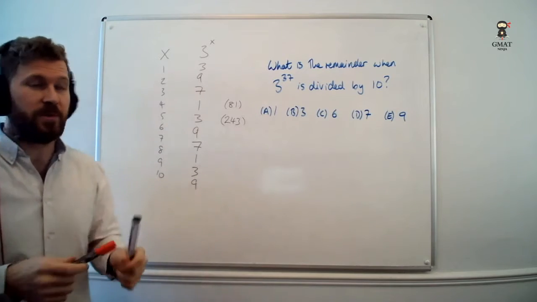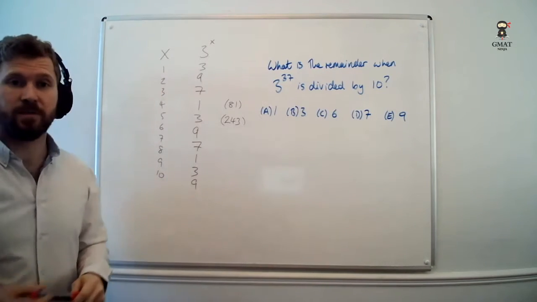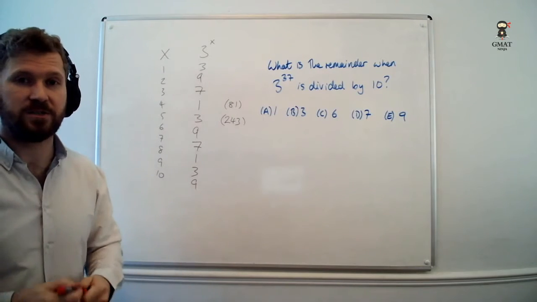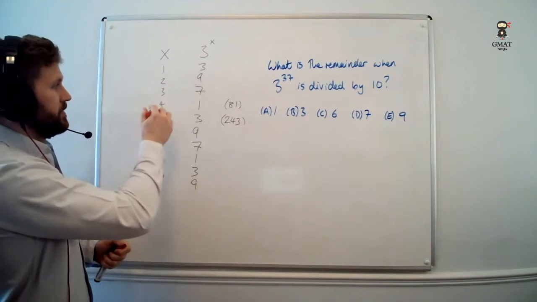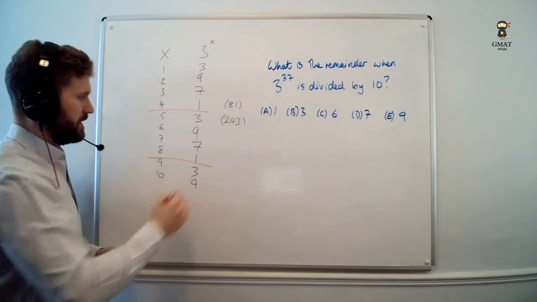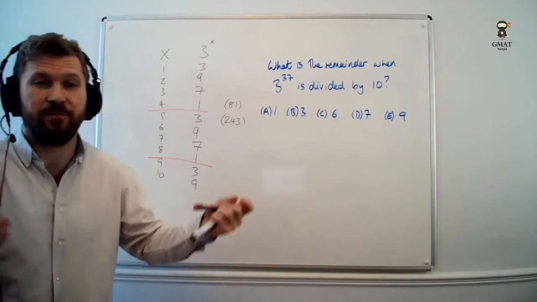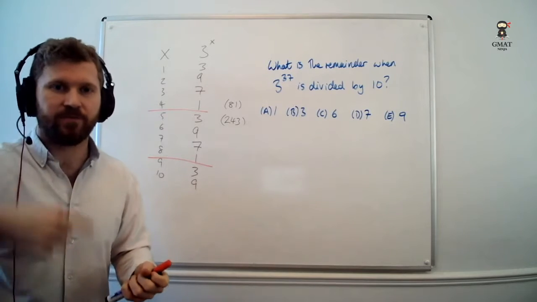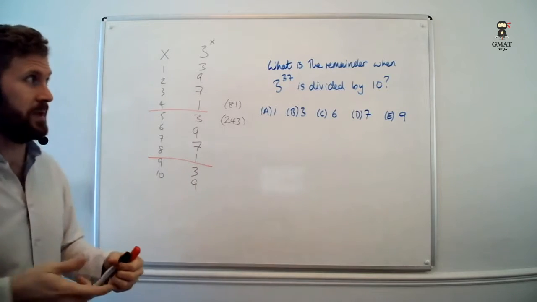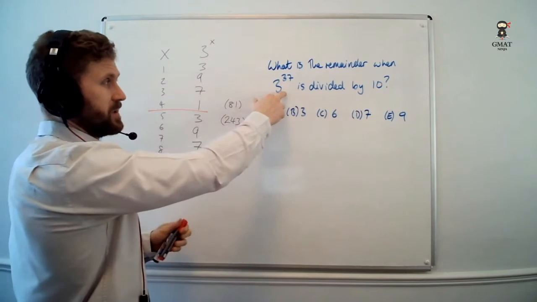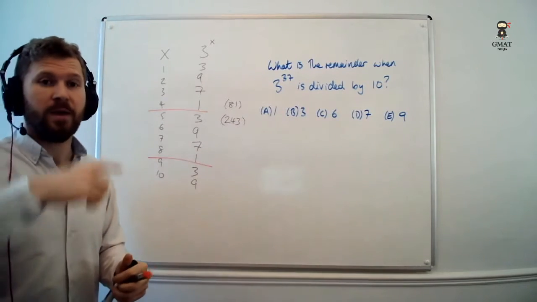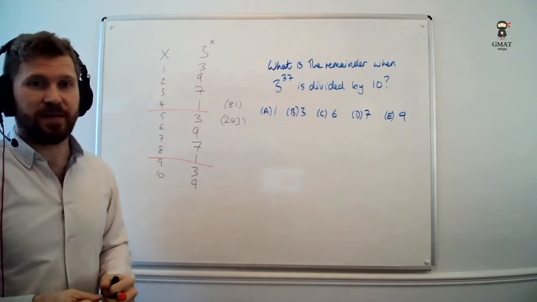What I hope you've spotted by now is there's a repeating pattern in the units digits as we work our way down the board that repeats every 4 units. The units digit of 3 to the power of something repeats 3, 9, 7, 1, 3, 9, 7, 1. And so really the question becomes, well, 3 to the 37, how many times do I go round this pattern?